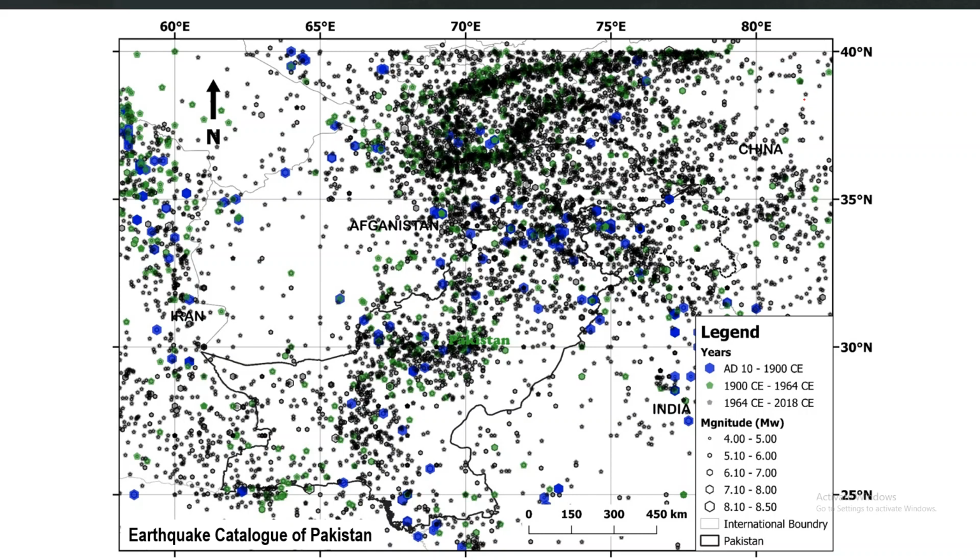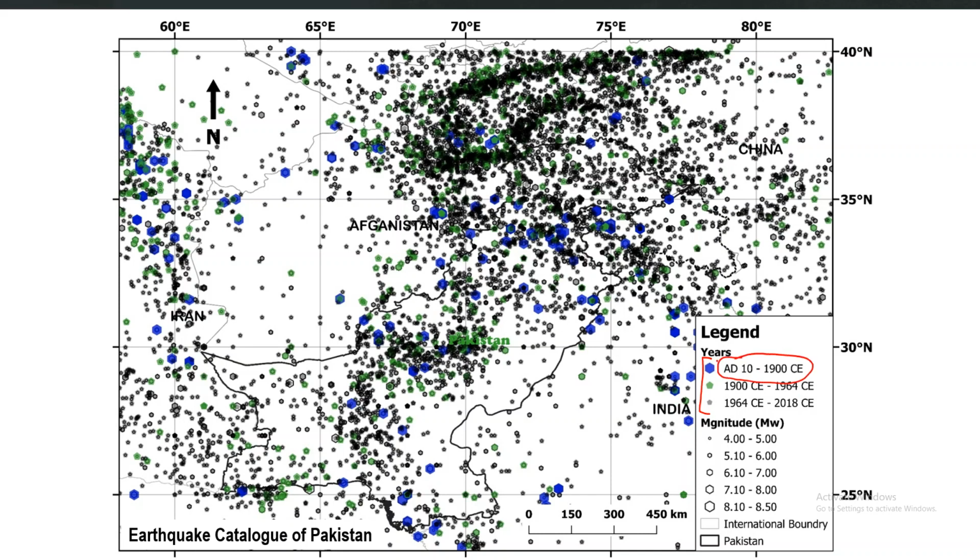This example shows an earthquake catalog developed for Pakistan as part of the seismic hazard assessment in one of the studies. You can see that the time of an earthquake is shown by this symbol. All of the blue marks on this map are from 10 AD to 1900 CE.